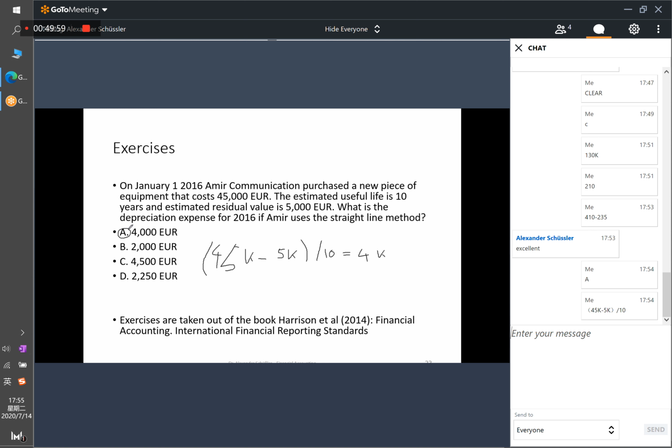So you have to deduct the residual value in order to calculate the depreciation expense. Yeah. So this is correct.